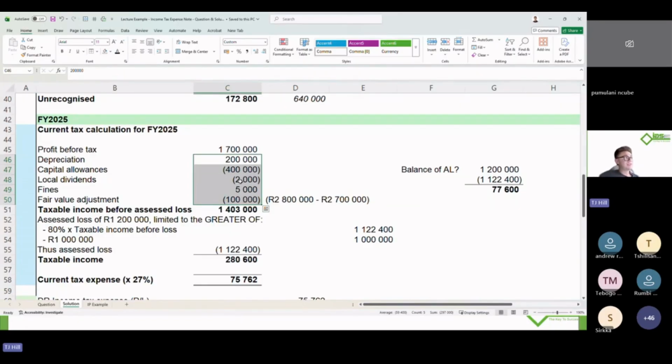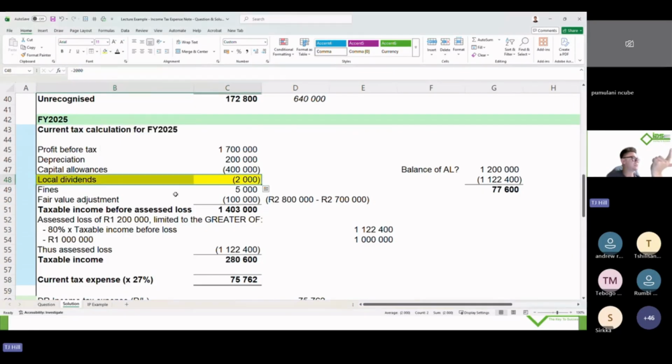So what is permanent here from this calculation? The dividends, right? SARS is never going to tax you on that for current tax purposes, so there will be no deferred tax, and there's also no current tax on it. That is then a permanent difference.